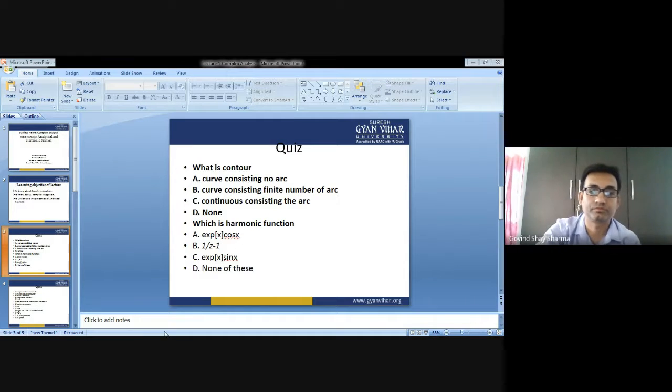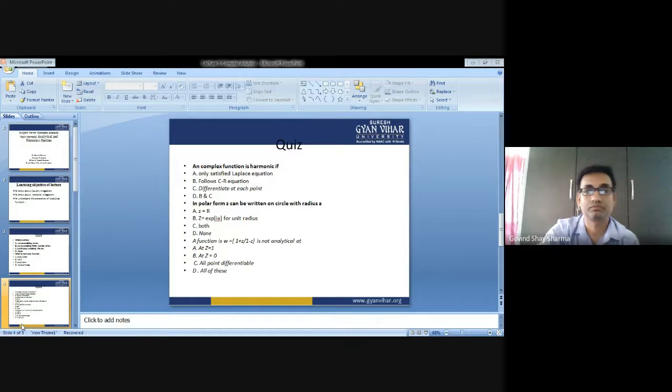Now, a complex function is analytic if it satisfies the CR equations and is differentiable at each point. Satisfying only the Laplace equation does not make it analytic, but it is harmonic.